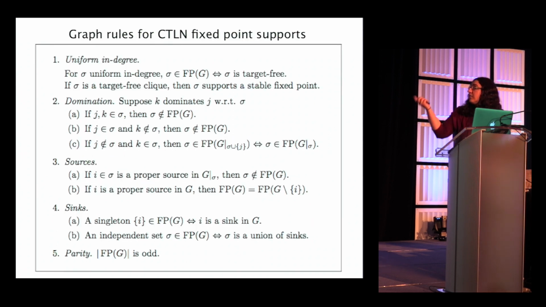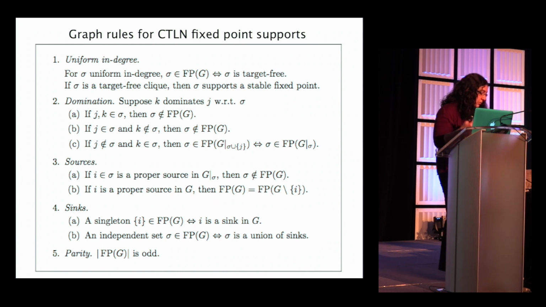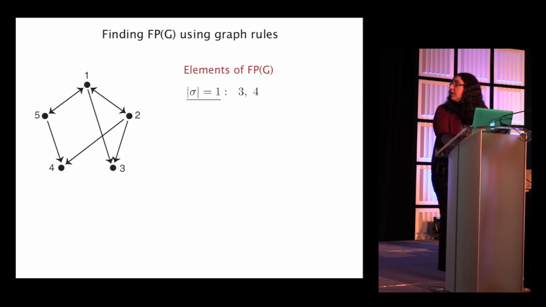So we have a lot of graph rules at this point, and I'll just summarize the main ones in this table. But the basic take-home message here is that we really can analyze the graph and tell you a lot of things about who the attractors are going to be. Okay, and I'll quickly go through this just to show you how it works.